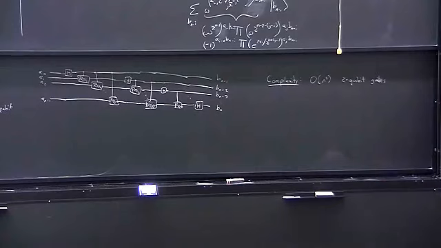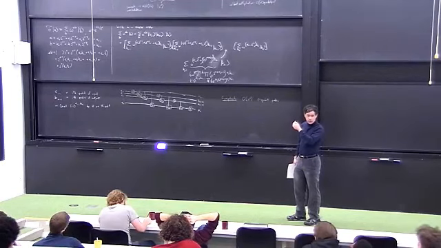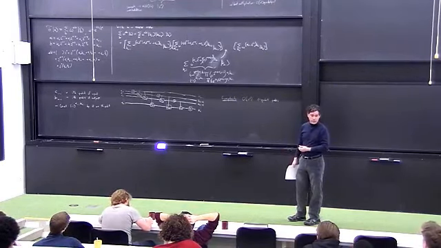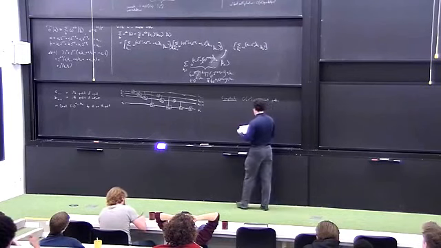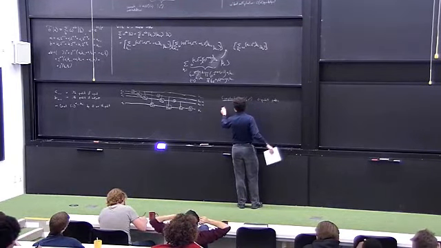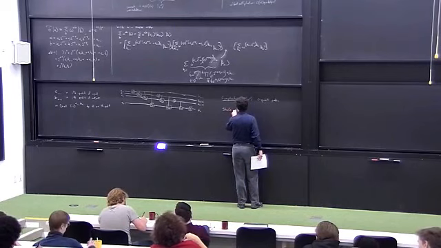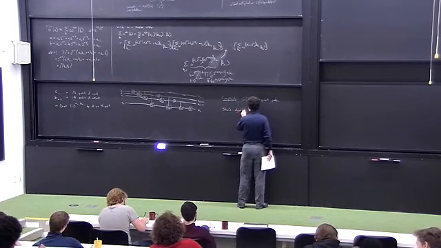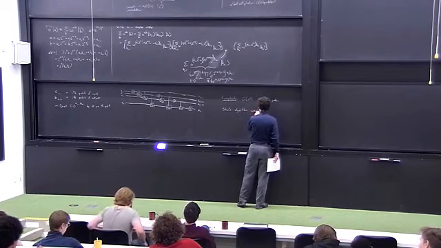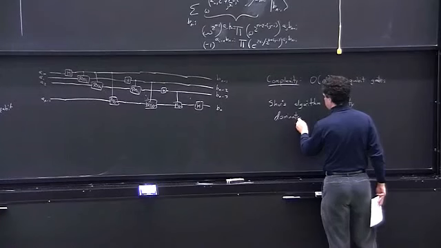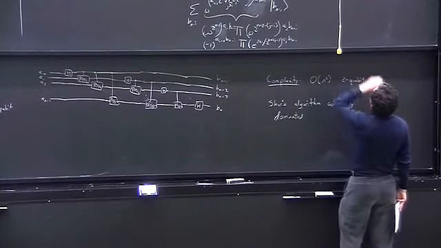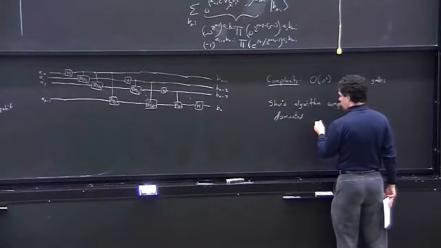So what we find is that the complexity of Shor's algorithm is actually dominated not by the Fourier transform, which is the more quantum part, but by the modular exponentiation. So it's order n cubed if we use simple multiplication, or n squared log n log log n if you use faster methods, or somewhere in between if it's intermediate.